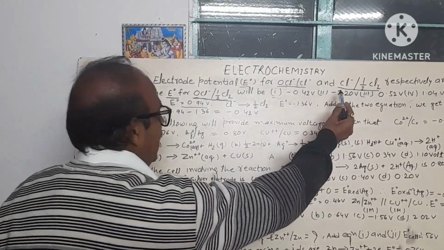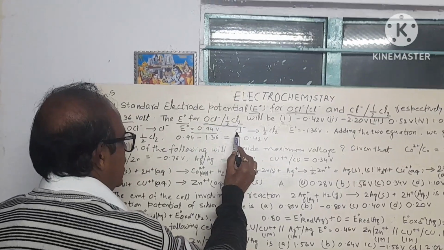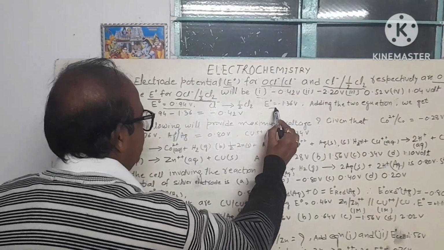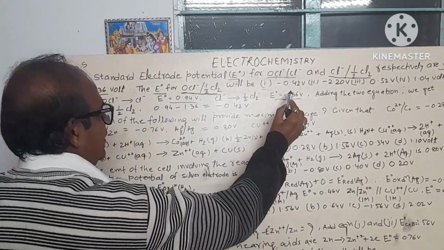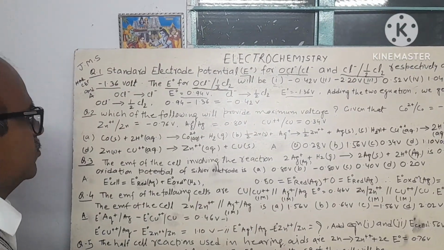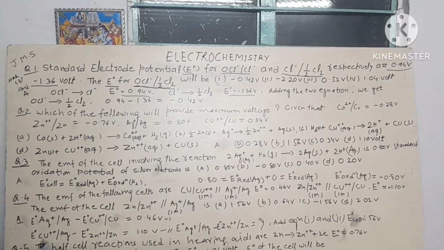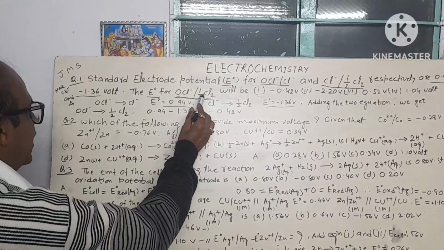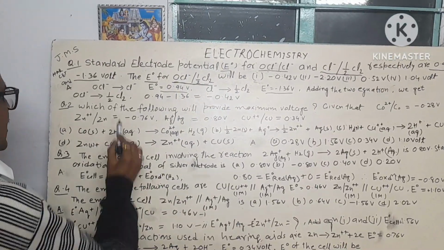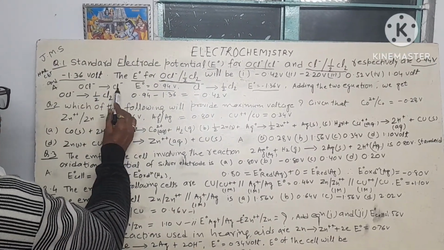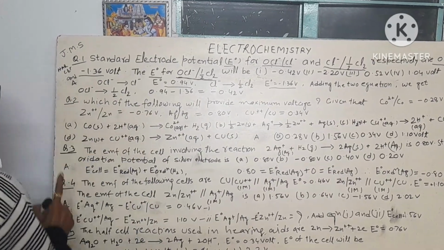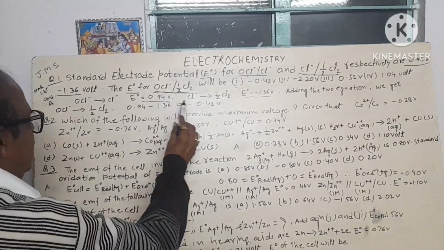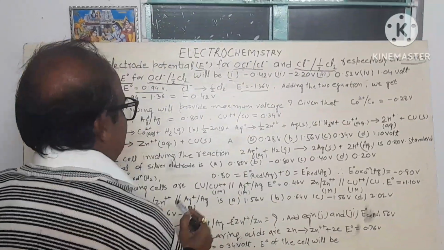And for the other electrode, the reaction is like this: chloride ion is converting to half Cl2 and its electrode potential is minus 1.36 volt. Then you want to calculate for OCl minus oblique half Cl2. Then this first reaction you consider as one equation, and the second you consider as the second equation.